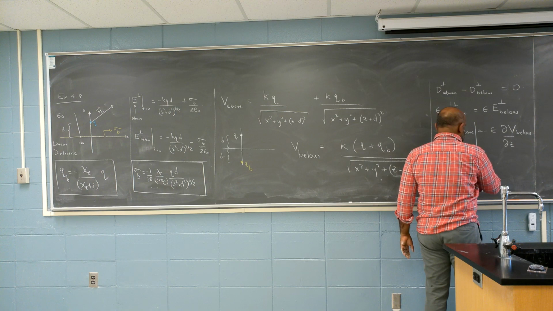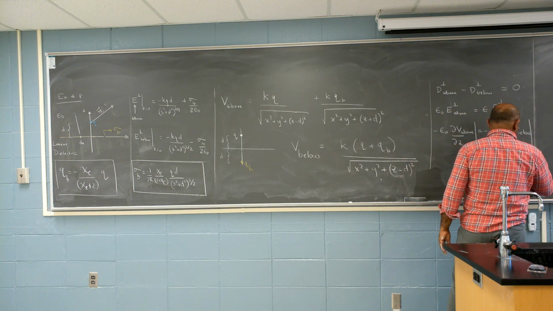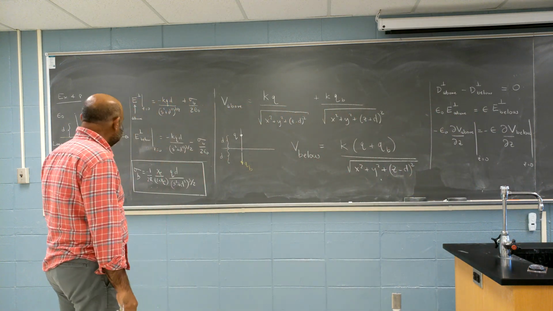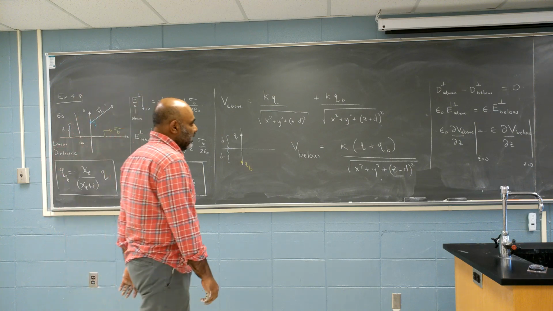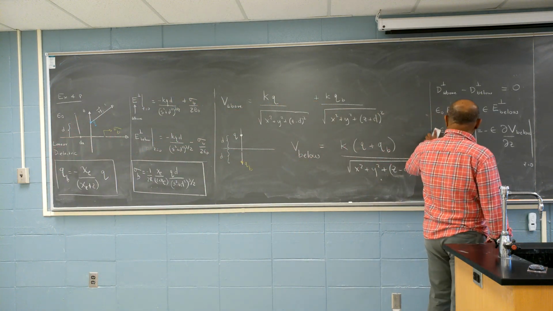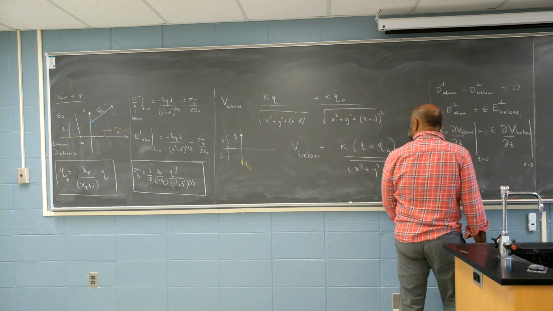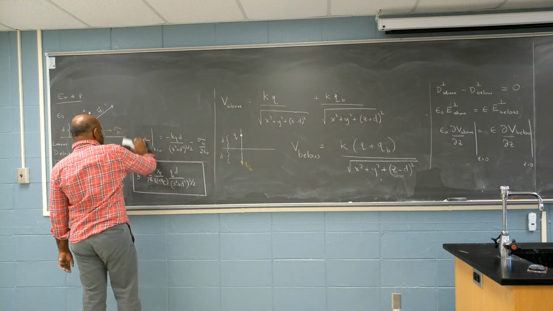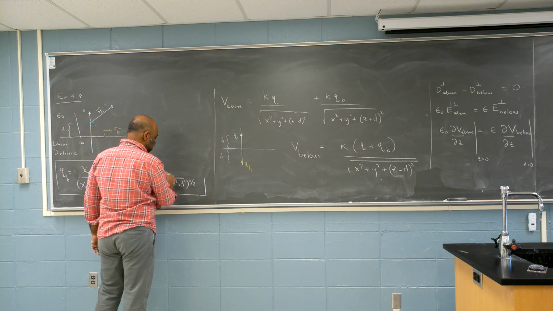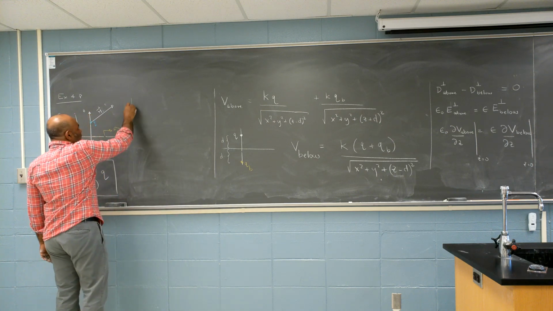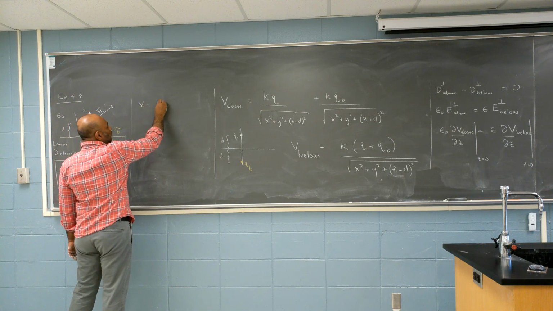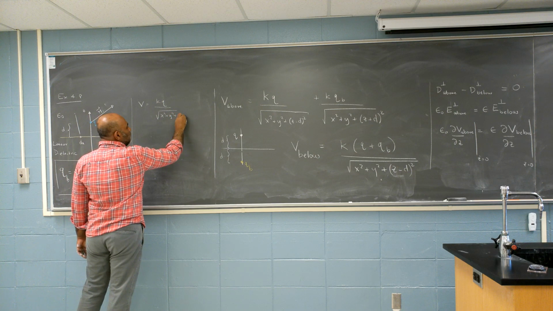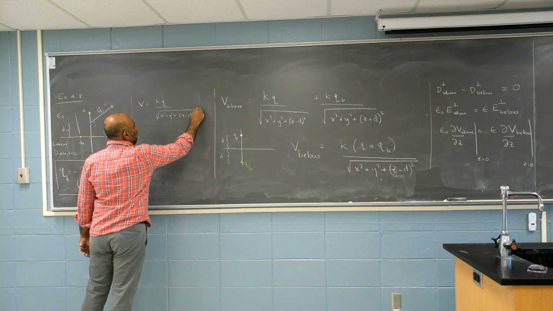I mean, of course, that's where the potential derivatives are evaluated. I want to take one derivative to show so that I can skip steps. If I have V equals kq over x squared plus y squared plus z minus d squared, let me take the derivative.